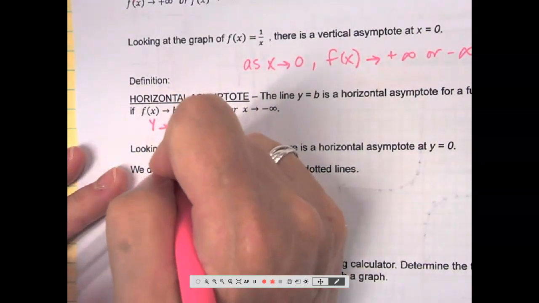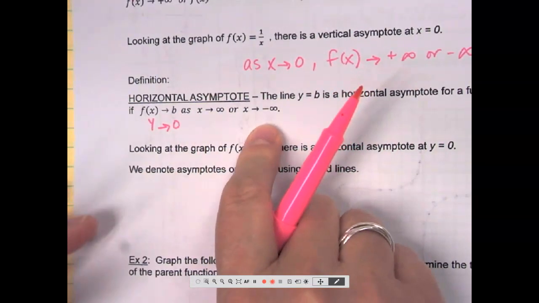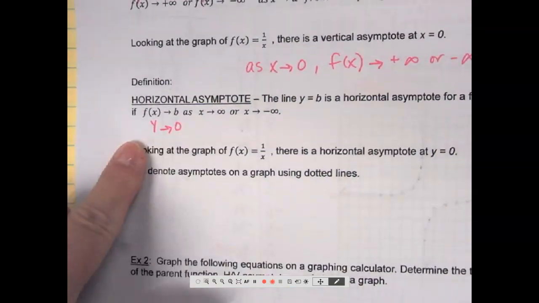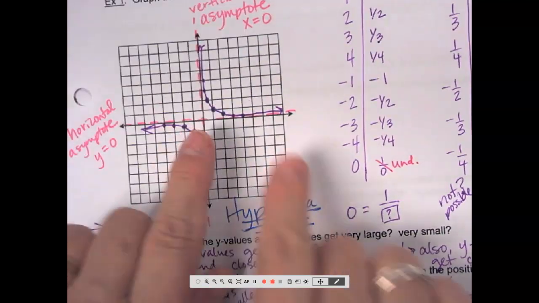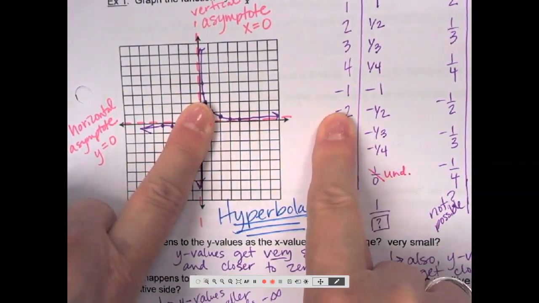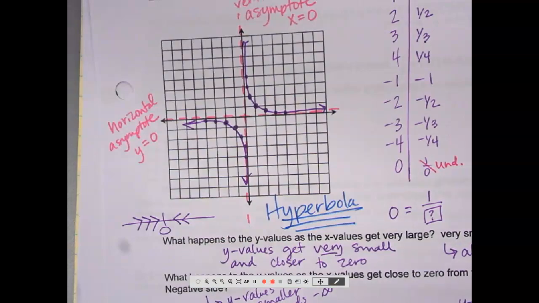So is y approaching 0 as x goes to infinity or negative infinity? Well, let's look. X goes to positive infinity out here. Yes, the y's are getting close to 0. Out here, as x approaches negative infinity, the y's are approaching 0. Therefore, 0 is a horizontal asymptote.